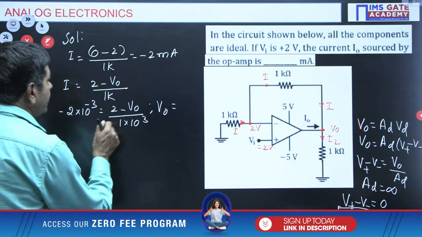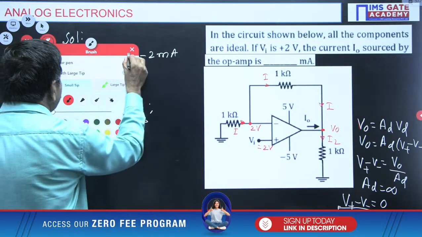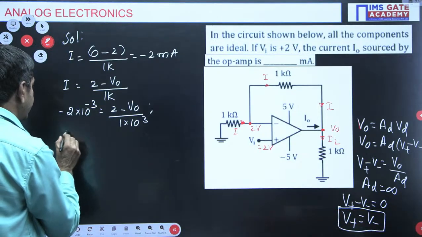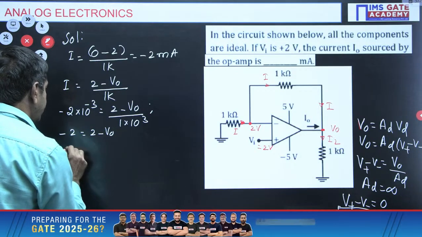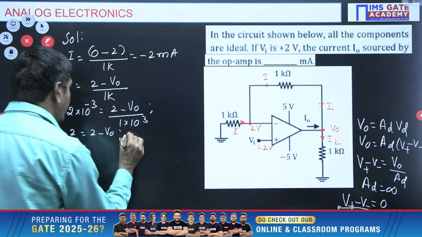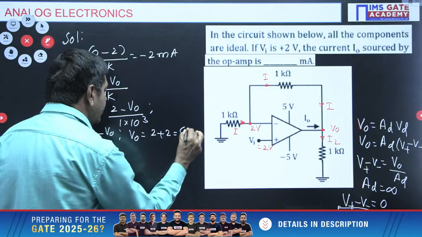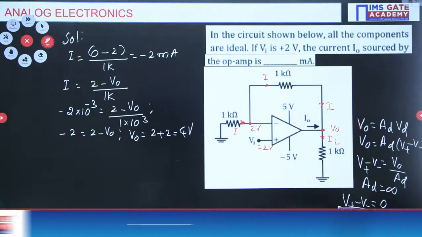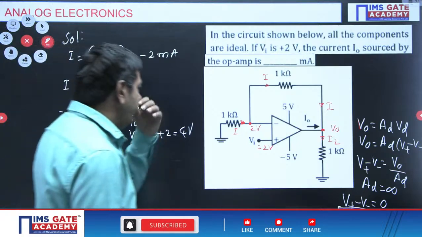On simplification, 10 power 3 and 10 power minus 3 cancel, so I am getting minus 2 equals 2 minus V0. Finally V0 equals 2 plus 2, that is 4 volts. Please note that V0 is 4 volts. Why is this V0 required?